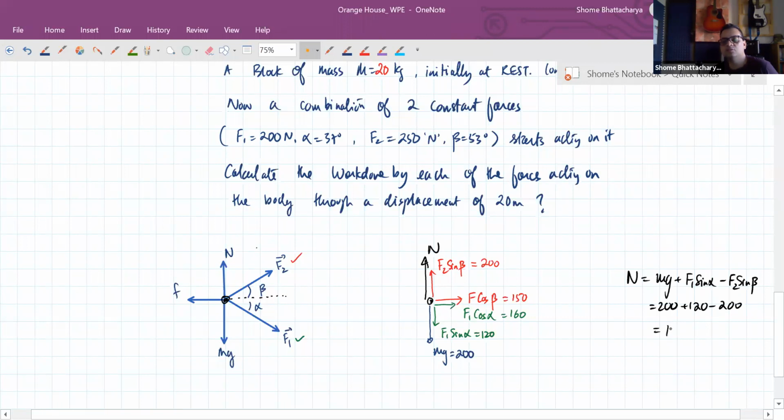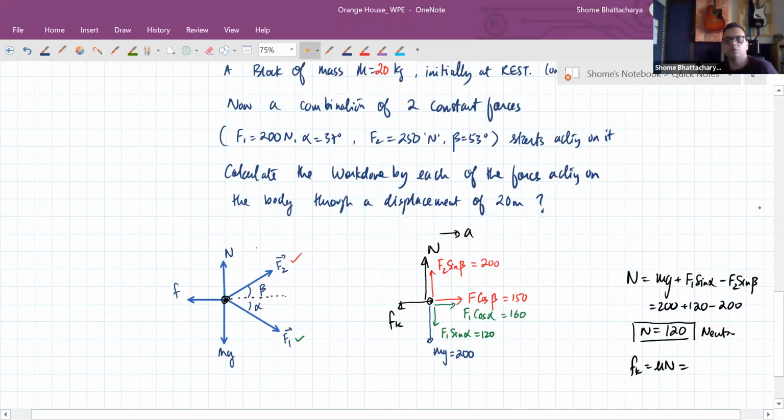So the normal reaction is 120 newtons. Okay. So that will tell me how much the kinetic friction is, because the object will be accelerating like this.